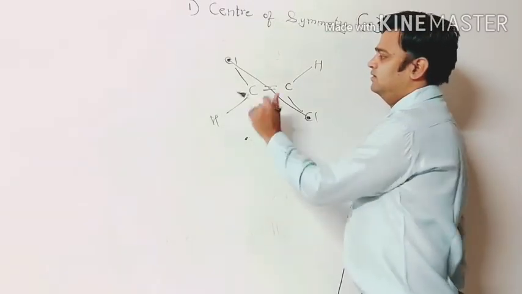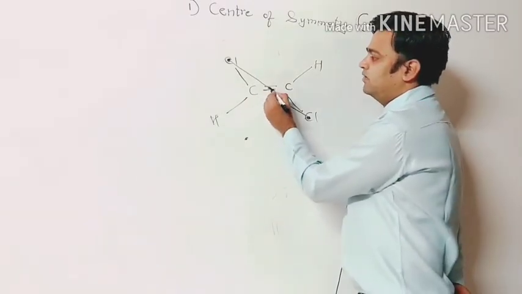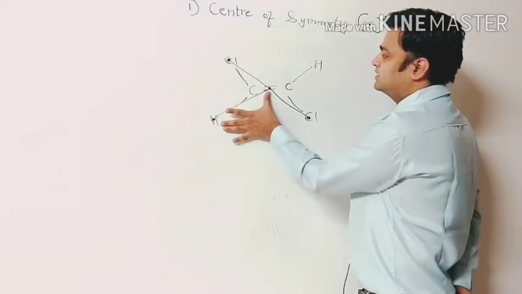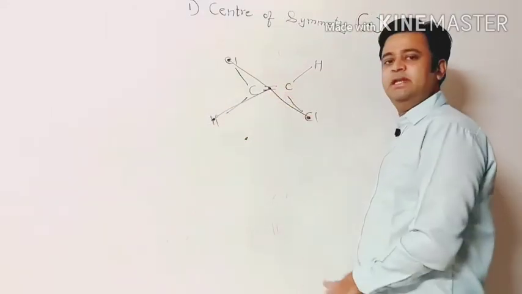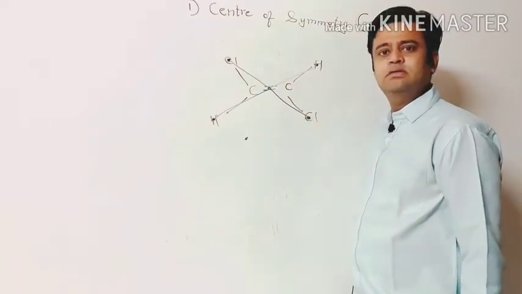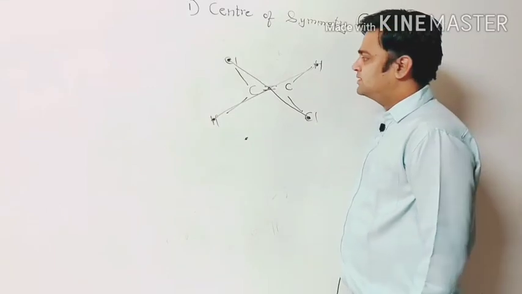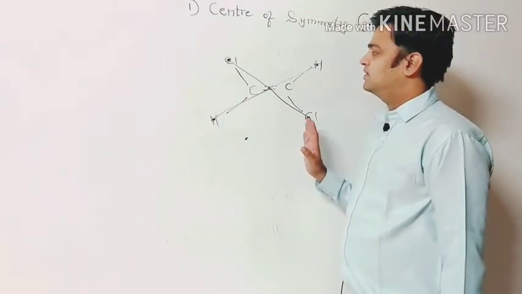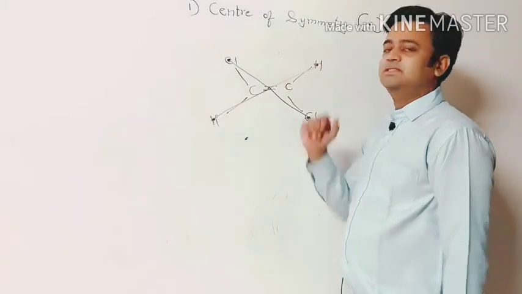Now let's see this dot travel to hydrogen, the same distance in the opposite direction, and it meets hydrogen again. That means the molecule is symmetric, and the molecule is said to possess center of symmetry.